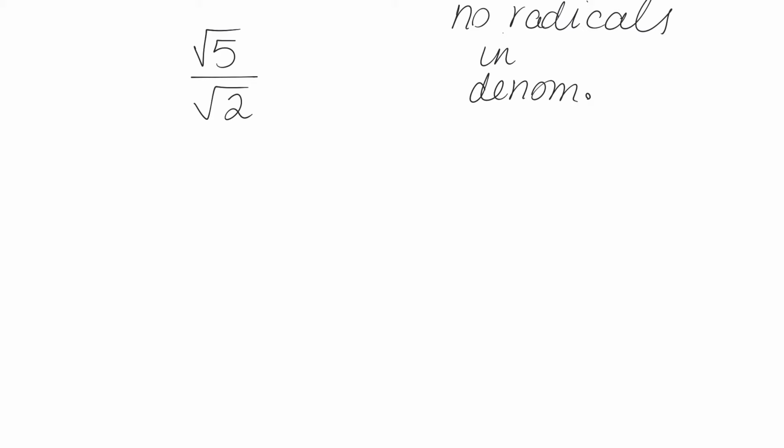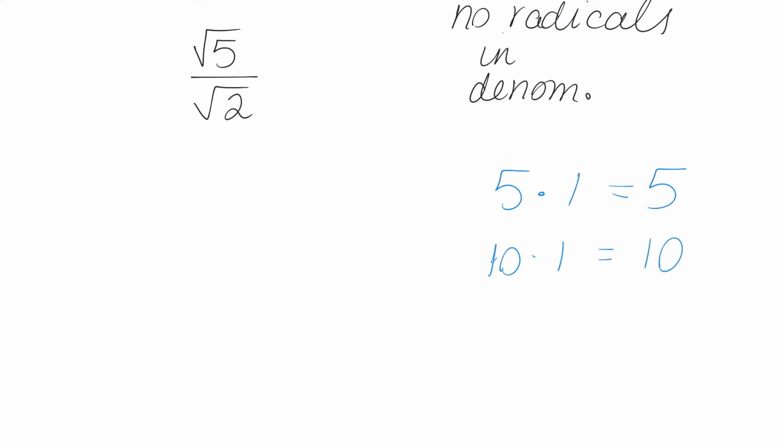So there's a really simple yet brilliant way to get that radical out of the denominator. Everybody knows, as a side note, that if you multiply anything times 1, you get the same number, right? Like 5 times 1 is 5, and 10 times 1 is 10.